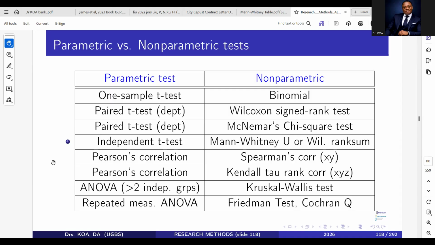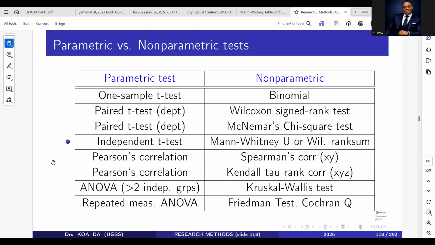It will depend on the distribution of the data. The data can be normally distributed, and that is sometimes called parametric. Or the data can be not normally distributed, and it's sometimes called non-parametric.